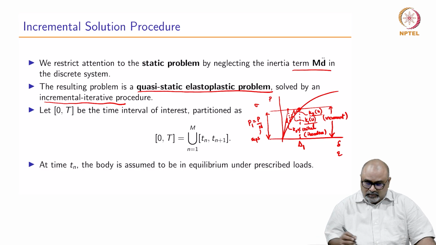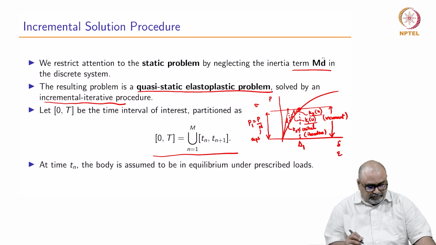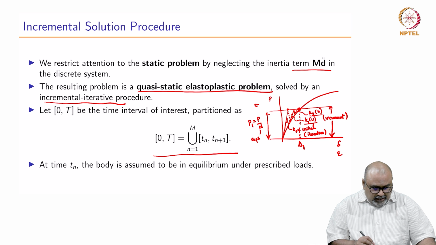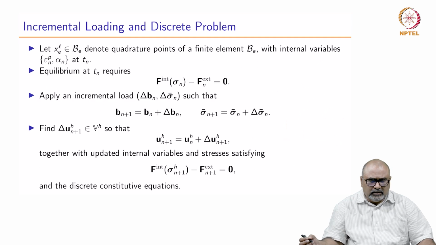So, we are going to divide the total load steps into a number of small steps, and a typical interval is going to be between Tn and Tn plus 1. So, at any time Tn, the body is assumed to be in equilibrium under the prescribed loads. So, let XEL denote the quadrature points of a finite element with the internal variables epsilon p plastic strain and alpha n at time Tn.